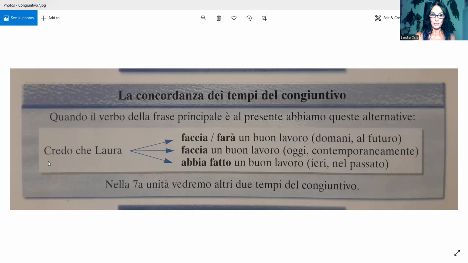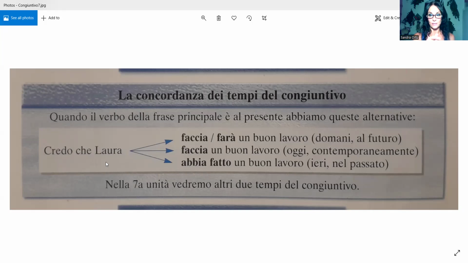Remember, we are talking about the present tense in the main sentence. We have the present tense in the second part of the sentence, which depends on the first part. We have the three options. Are we talking about the future? We can either go with a future tense or the present.